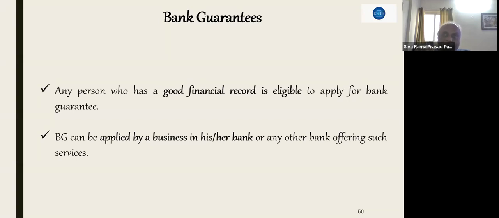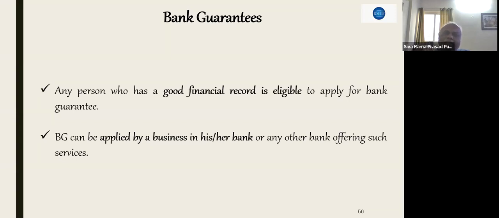Process cost, say the IRP costs. Then today, some of the financial institutions are ready to give, because the rate of interest is also a little bit higher. Bank guarantees can be applied for at the business's own bank or any other bank offering such services.